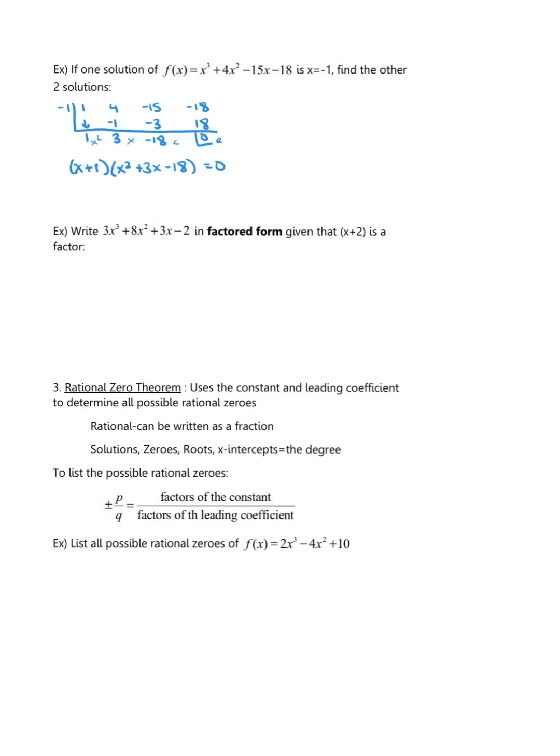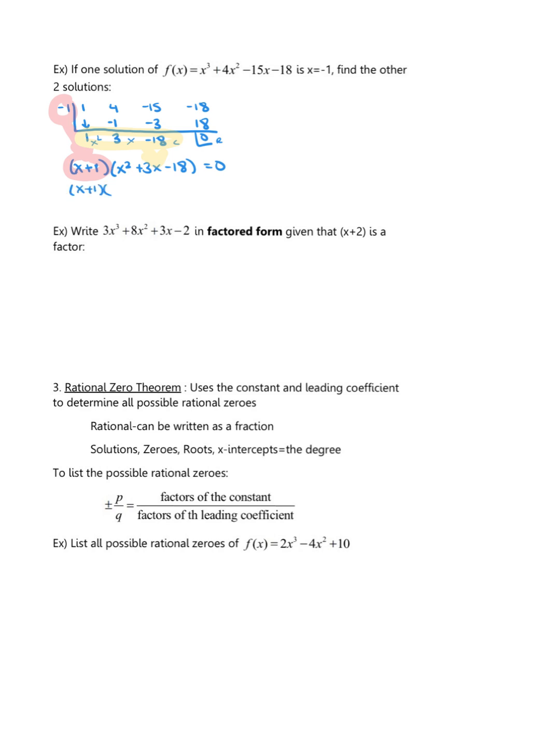We're finding solutions, so we're setting f of x equal to 0. So remember, this factor came from here, and then this came from here. Then we can factor further.